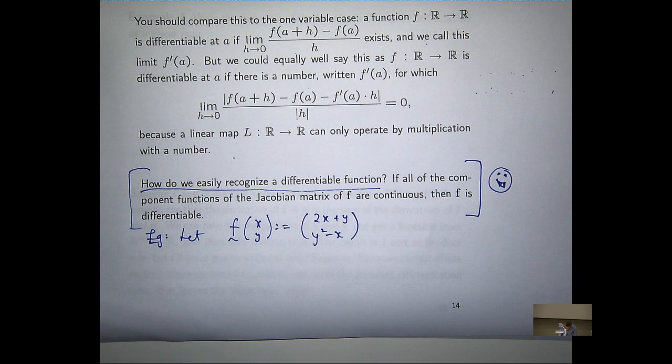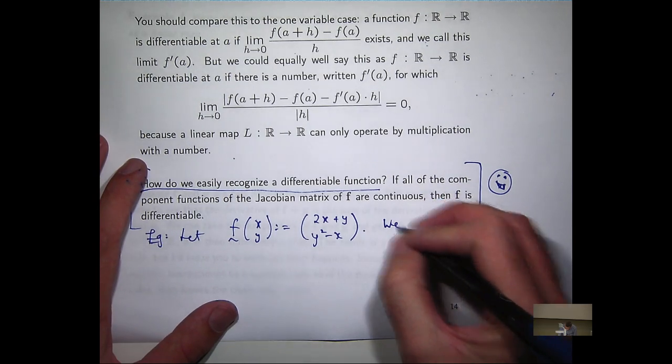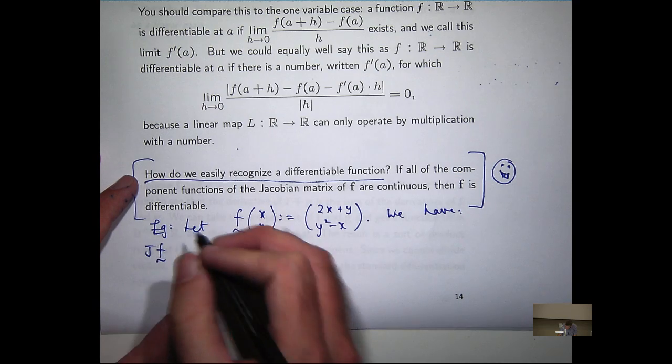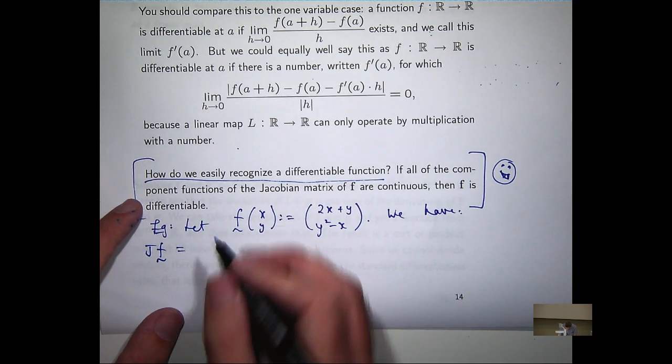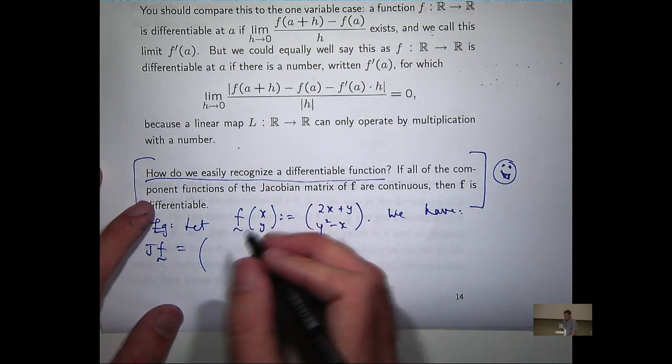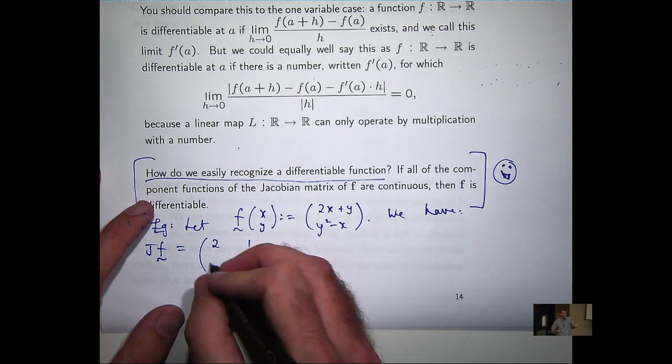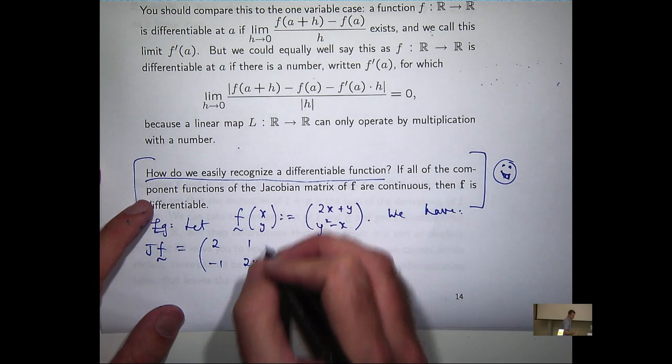Okay, well, let's compute the Jacobian and look at its elements. All right, so if I compute the Jacobian, I'm going to get 2, 1, minus 1, and 2y.